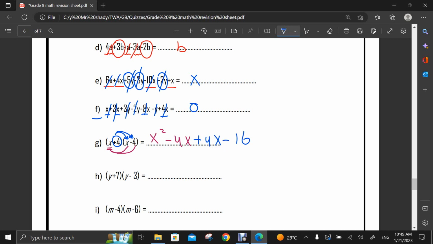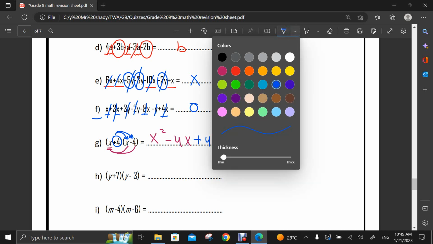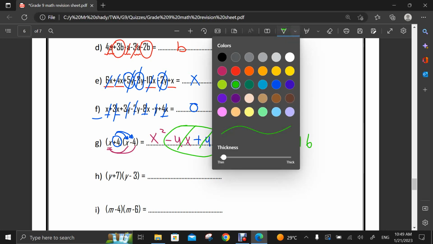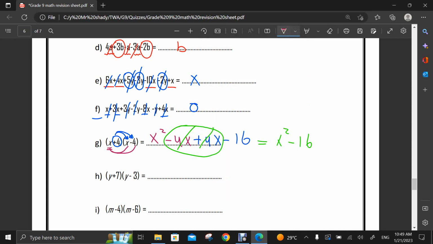And please be careful of signs, okay? So in this part, I have the middle terms, which are negative 4x plus 4x. So negative 4x plus 4x is 0. So the final answer will be x squared minus 16. But because we have a special case here, we can find the final answer directly.